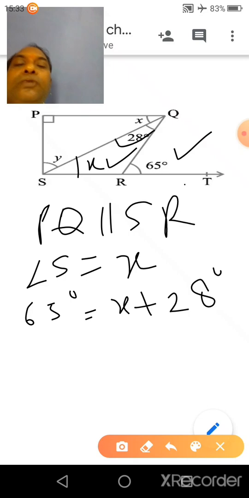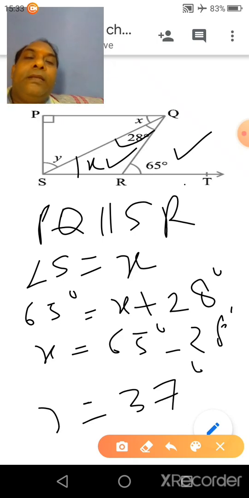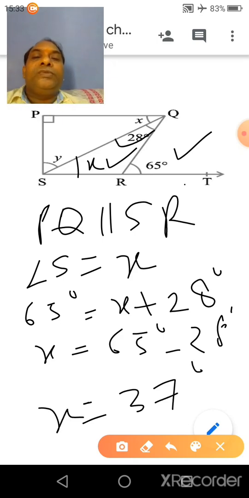Clear? So x will be equal to 65 degree minus 28 degree, which will be equal to 37 degree.